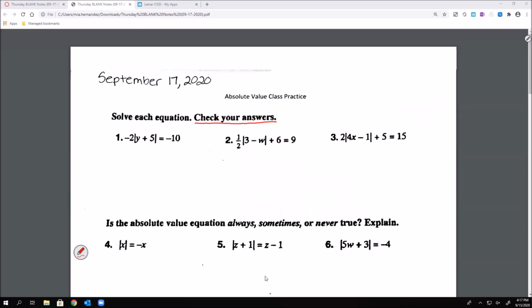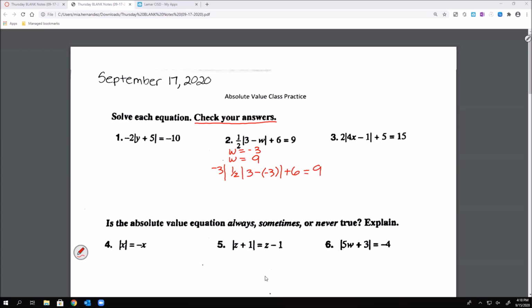So my 2 solutions were w equals negative 3 and w equals positive 9. Those are my 2 solutions. Now I got to take my solutions and plug them back into the equation to see if they work, yes or no. So this one we're going to do the negative 3. Okay, so that's this one right here. That means I get 1/2 times the absolute value of 3 minus negative 3 plus 6, and then it should equal 9.